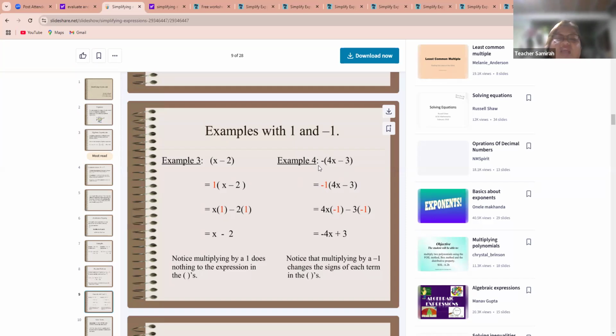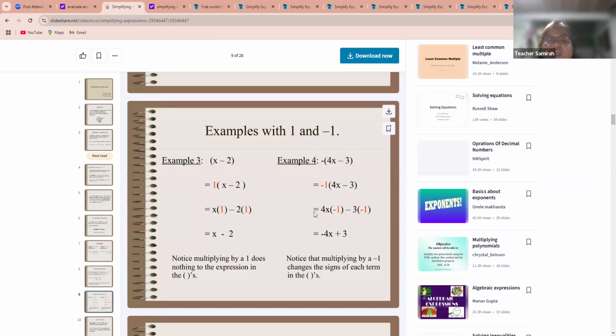So negative times quantity 4x minus 3 is simply negative 1 times 4x minus 3. Distribute this negative 1. So 4x times negative 1 minus 3 times negative 1. Take note, we are going to multiply the variable or the term by negative 1.